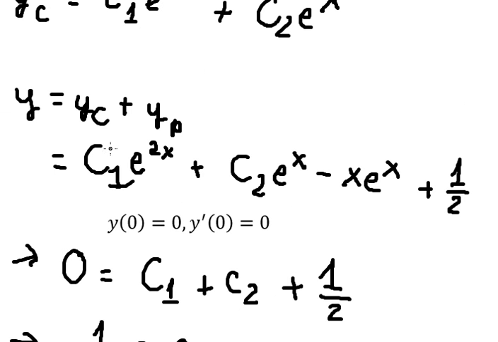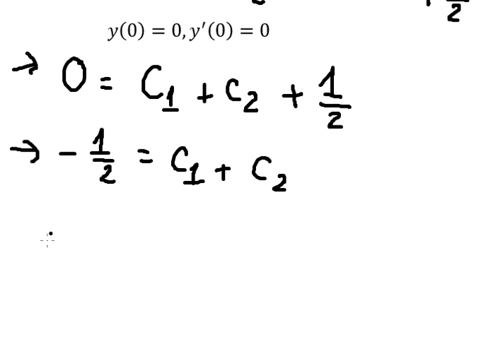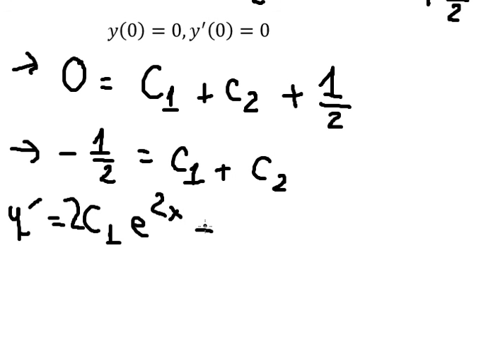And now we need to take the first derivative of this one. We have 2 c1 e to the power of 2s, and we have c2 e to the power of s.